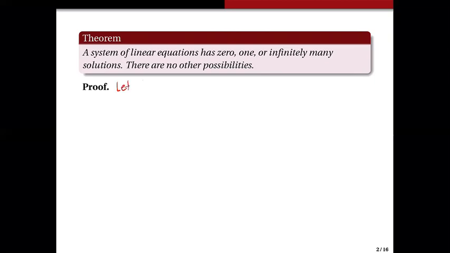What we're going to do is to write the system in this form, Ax equals b, where A is the matrix of coefficients of the system, x is your variable vector, and b is your constant vector. So we have Ax equals b. Let this be a linear system.